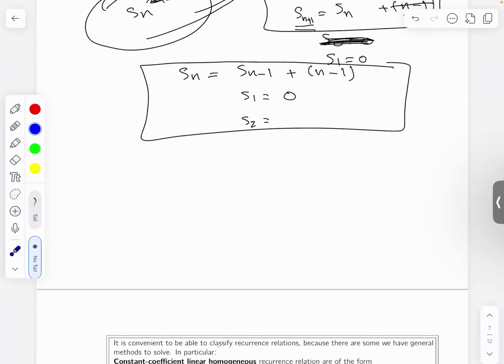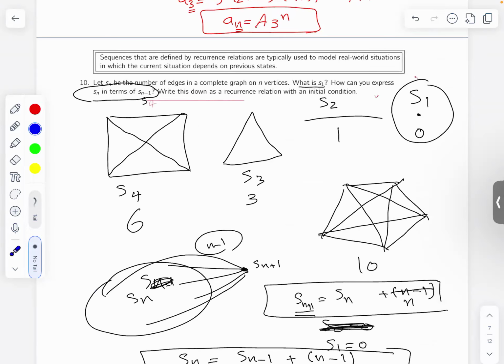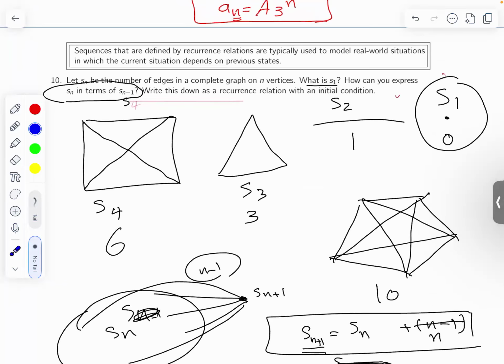Okay, question 10. Question 10 is just nothing. It says that you can see the recurrence in real life. Sn is a complete graph. It is asking us to understand Sn, the number of edges of the complete graph. A complete graph is all the possible edges between the vertices without bridges and loops. S1 is one vertex, 0 edges.